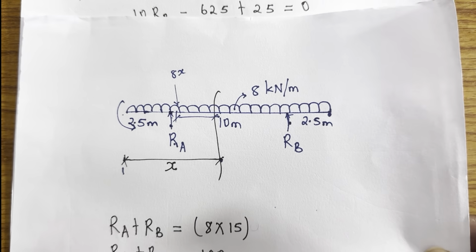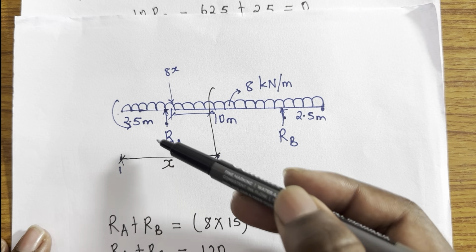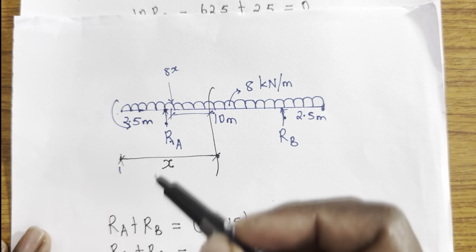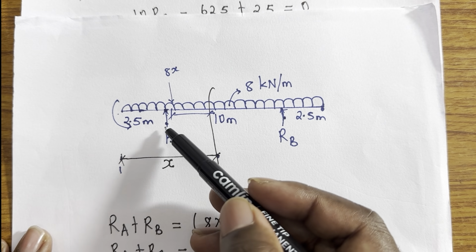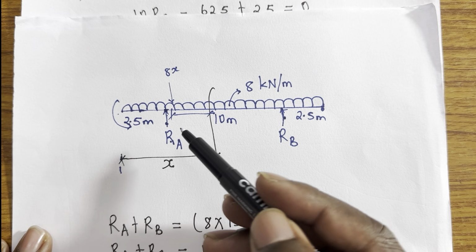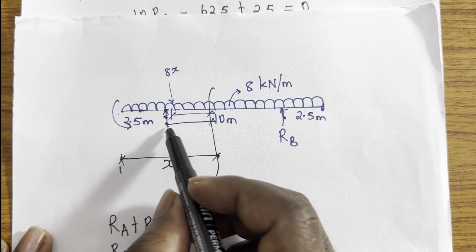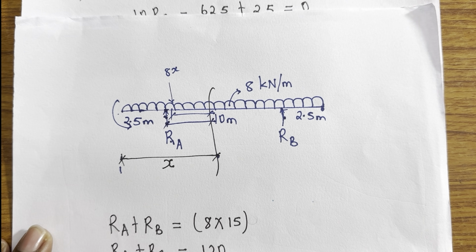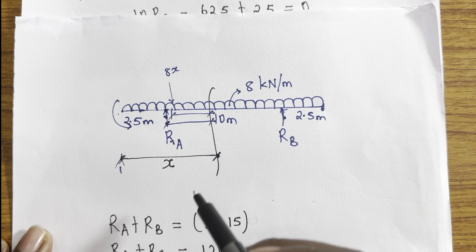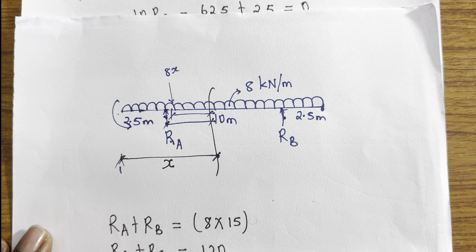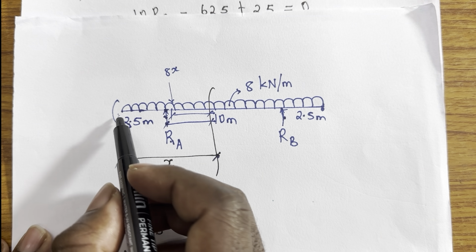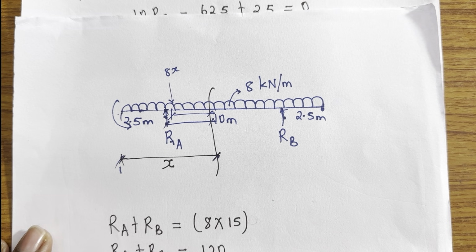Then I have reaction RA. RA is acting upward, so I'm considering this side to be positive. Okay, so RA is 60. Then it's acting at this distance from here where I have RA up to where I have X. Mind you, the total distance here is X. Then I need the distance from here to here, which is 2.5.